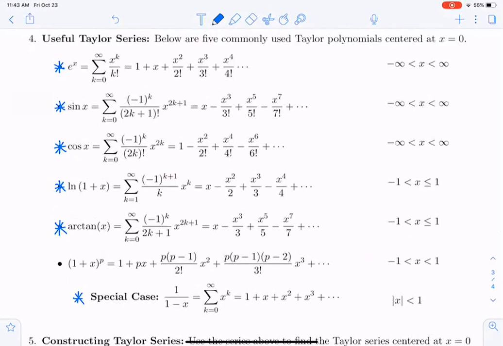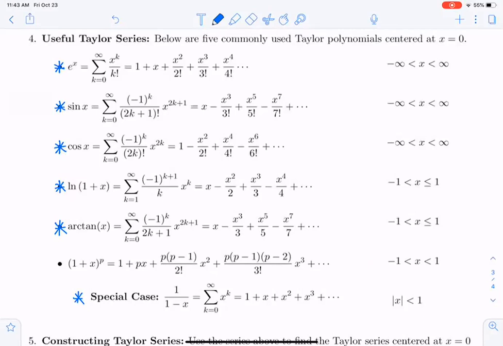So what we're going to do with them in particular is use these series that we already know to construct other series. Sometimes you can do that by taking derivatives, like the derivative of sine x is cosine x. But we can also think about these series in a slightly different way. When I think of sine of x, I don't have to think of it as just sine of x.